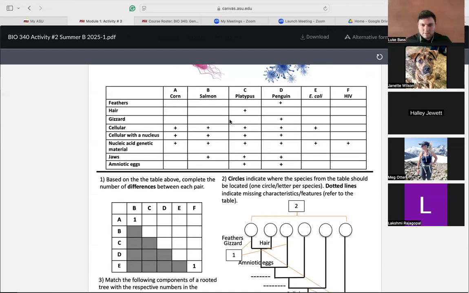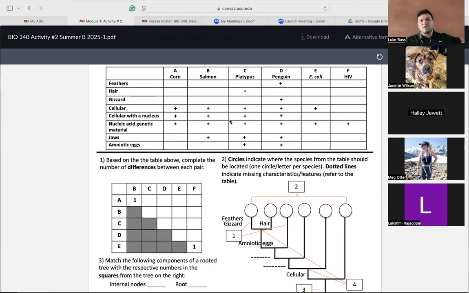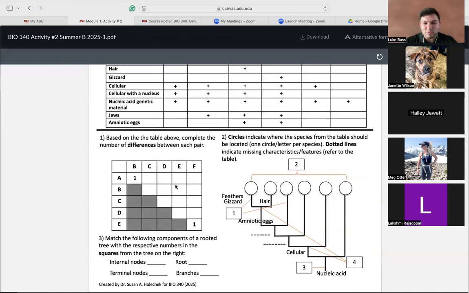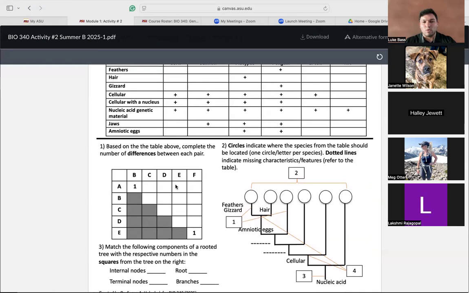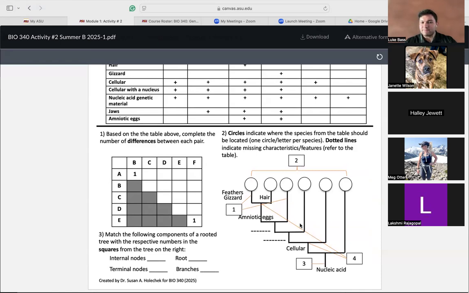Another question for an exam: if they give the top table, I think I can form the cladogram. But if it's the table on the bottom left, I don't think that helps me answer these questions. The only thing I can think of is to find the number of differences between certain organisms, and the more differences there are between one organism and the next, the more they'll be on opposite sides of the tree.